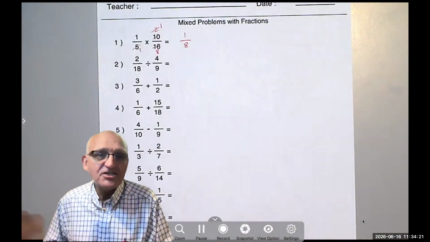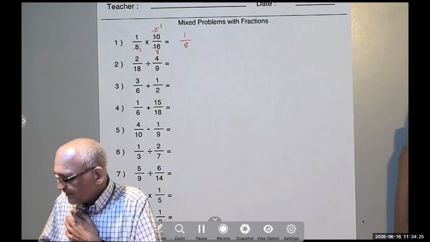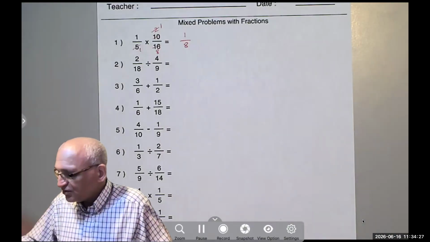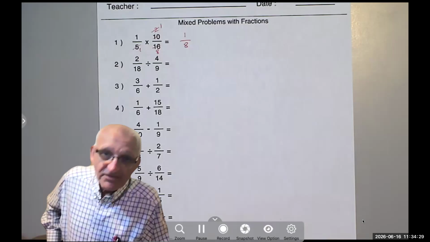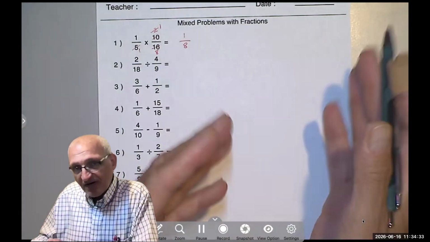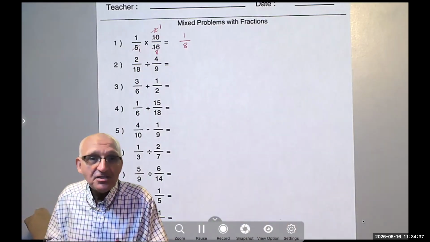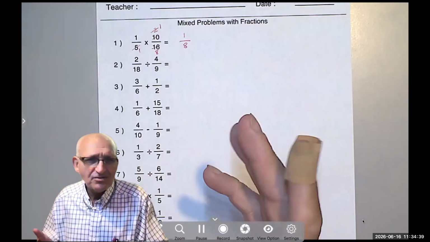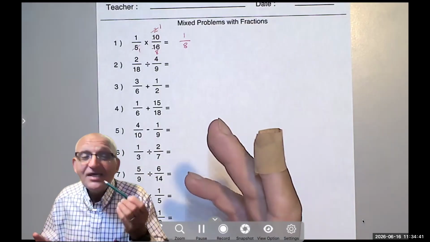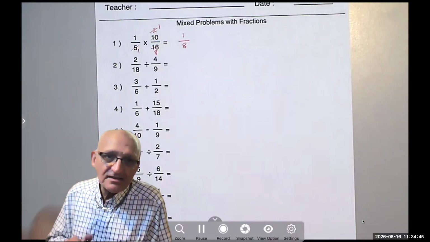The next one is division. You learned that an easy way to do division of fractions is that you look at the second part, the divisor, and then you switch it to multiplication. And no, you cannot do that unless you flip the second fraction.